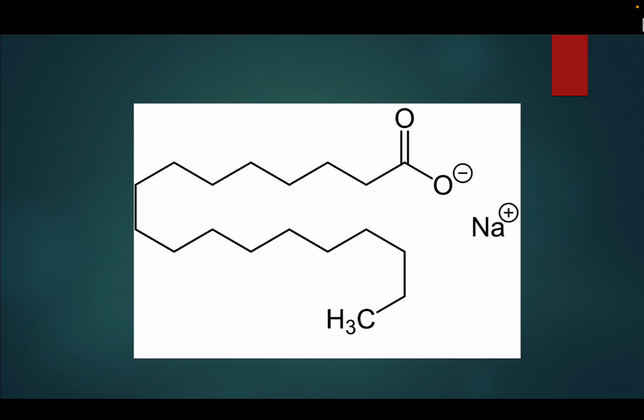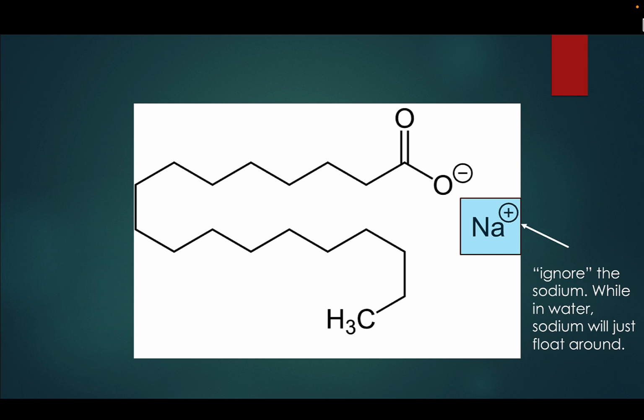And when we look at a molecule like this, it's important to note a few really important things about this soap molecule. And the first is that there is this sodium here, but for the most part, let's just ignore this sodium. Sodium, really in a lot of cases where it's paired with a negative ion, is just there because we don't have pure negatively charged stuff sitting without any positive stuff nearby.